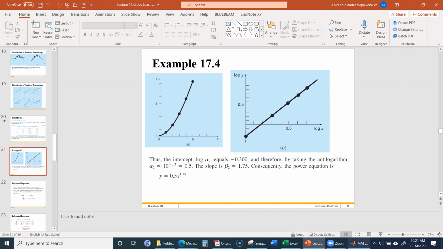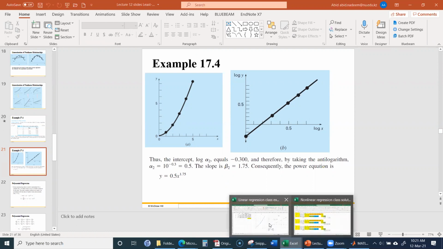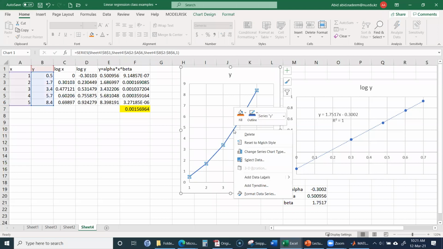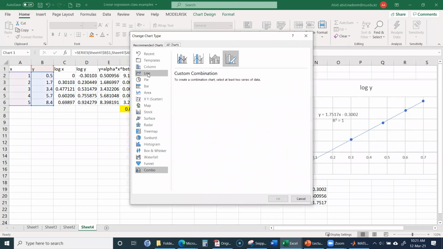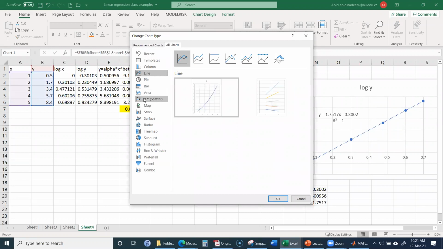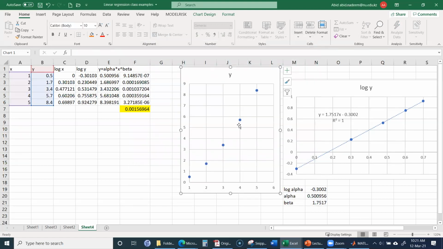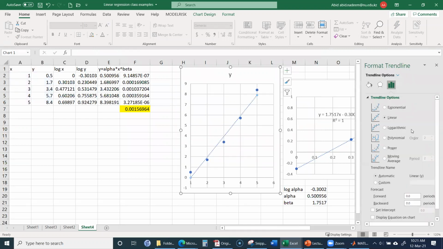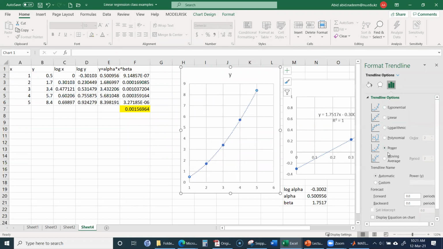So one more thing in Excel, okay, if for example, I just change this data series for this original graph for the XY to these points only, and now I add the trend line over here, okay, I add the trend line. And in this case, I can select the trend line as not the exponential, it will be the power, okay, with power.